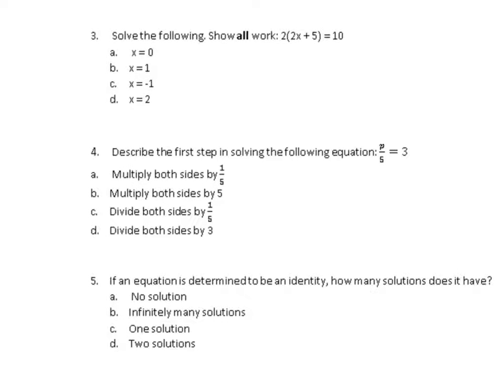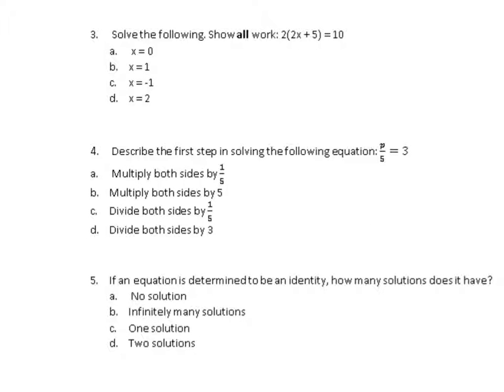Solve the following, show all work. So what's one way to do this, the first one? For number 3, what's in the parentheses first? Distribute, right. Because I can't just add a 2x and a 5.